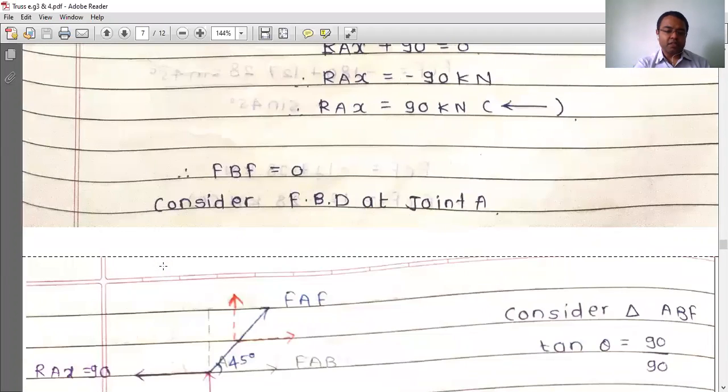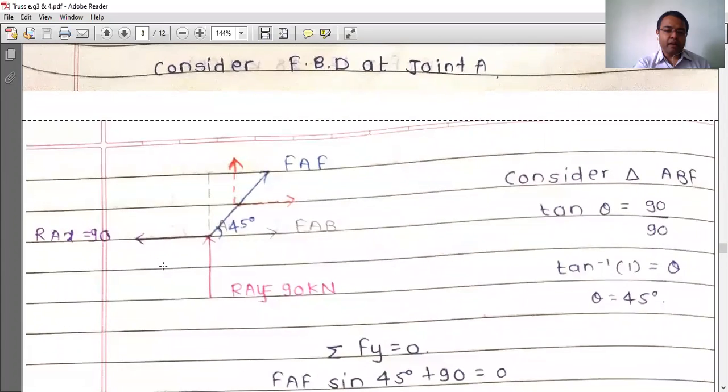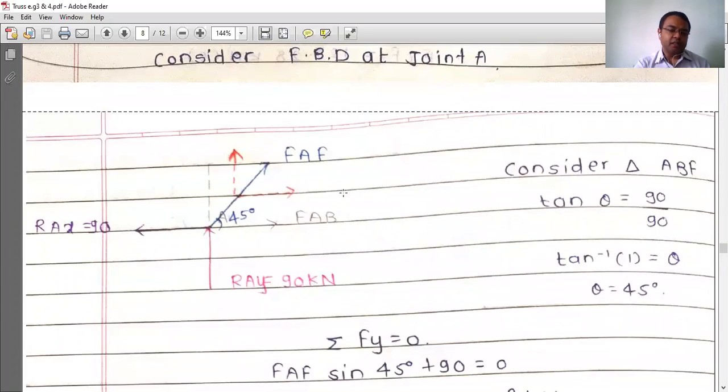Now come to this FBD of joint A. Here FAE and FAB, that is the forces in these 2 members, are unknown to us. As the forces are unknown, first of all you have to assume the direction. We don't know the nature of the force, so we have to assume first.